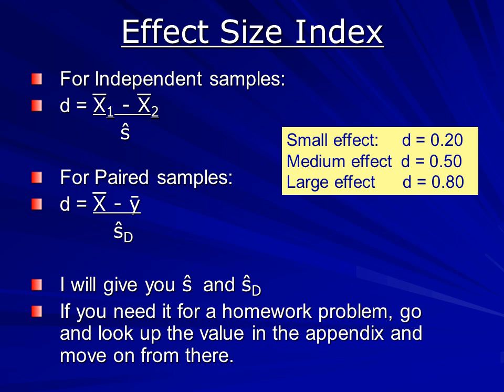As you can see here, for independent samples we've got one effect size equation, and for paired samples we've got a different effect size equation. The only difference, again, is this slight difference in this error term.